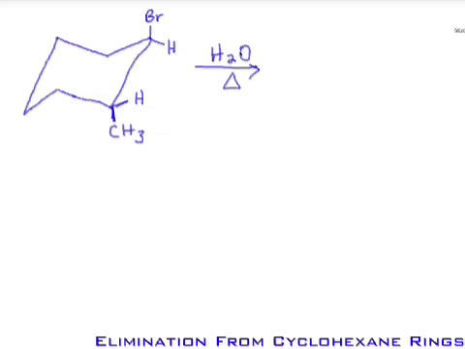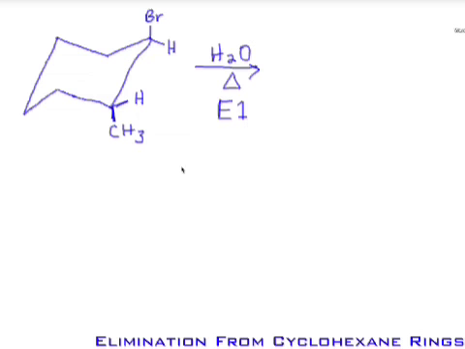Triangle, meaning heat, and I will have to write under the arrow E1. If I write E1, you must apply E1 rules. That means you can't say, oh, the double bond won't form here because there's a methyl anti to the bromine. Antiperiplanar elimination is restricted to E2. So if I put E1 under the arrow, you must follow E1 rules.